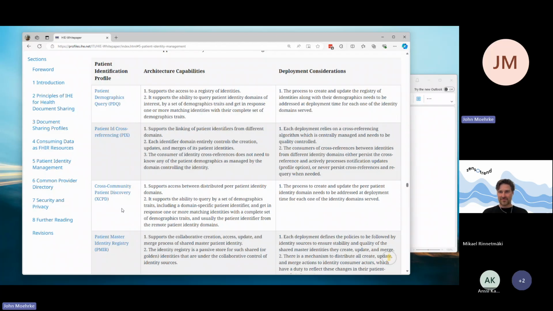I agree. Of course, in Finland we also have challenges with temporary user identities and those who move from other countries. And then what comes to this cross-referencing, what came to my mind, maybe it was the same as you, Mikael, is that if we had more cooperation in the Nordic countries or whatever.